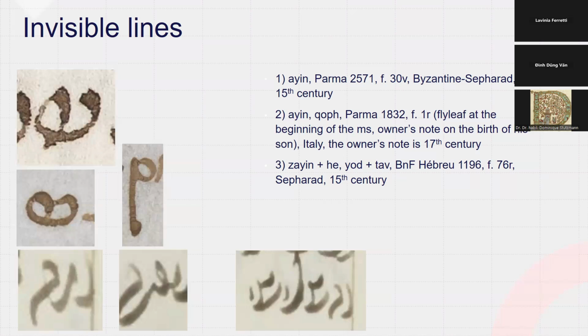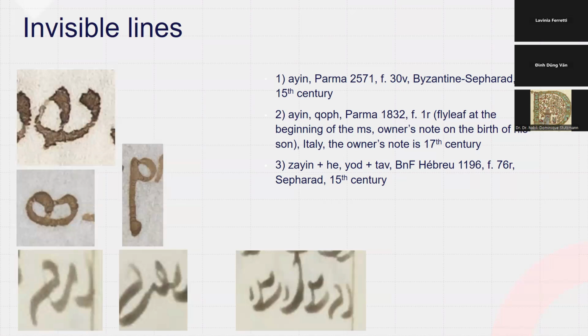And another example is actually the example of the connected writing of Zayn and Hey, Yod and Tav from Bibliothèque nationale de France, 15th century Sephardic highly cursive script. So, these are the examples. And here, as a counter form, I decided to showcase how this letter should look in a more classical interpretation.